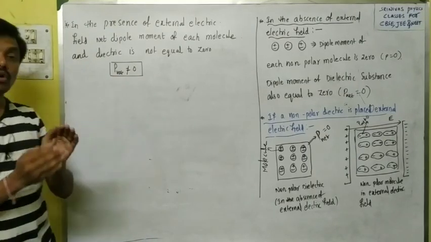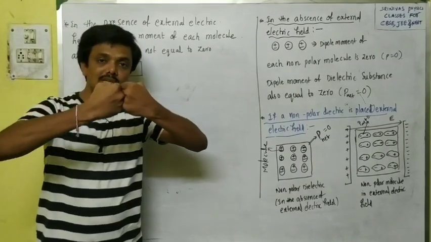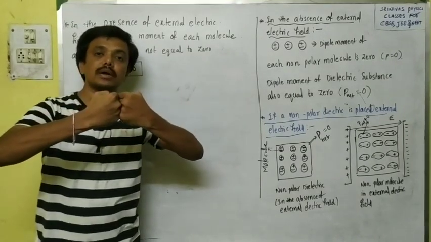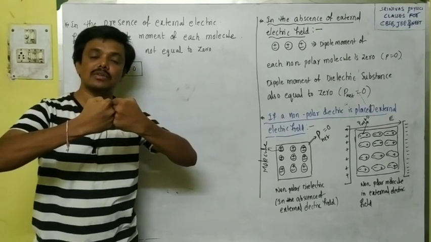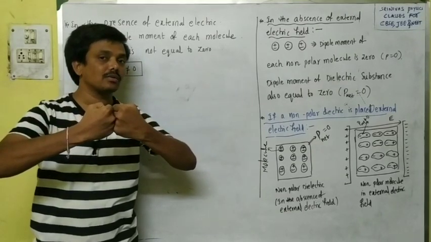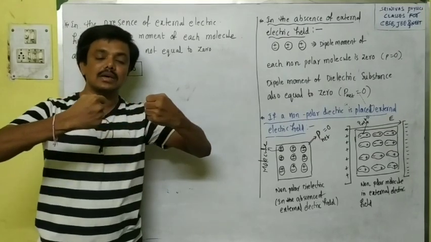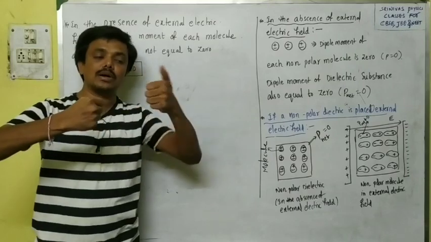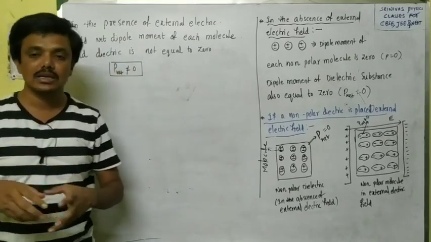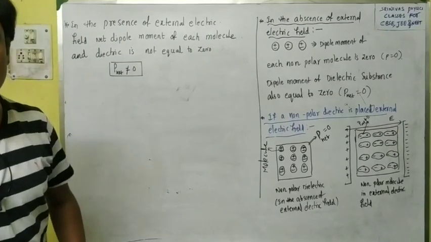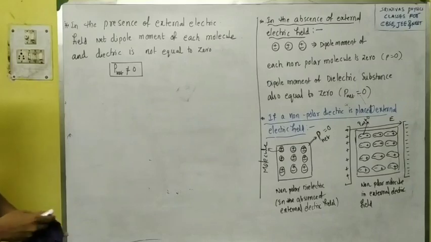If there is no external electric field, positive and negative charge coincide. There is no separation between them. That's why dipole moment is 0. If electric field is applied, there is some increase in separation between the positive and negative charge. Due to that, the net dipole moment is not equal to 0. Right? And this is about non-polar dielectrics.